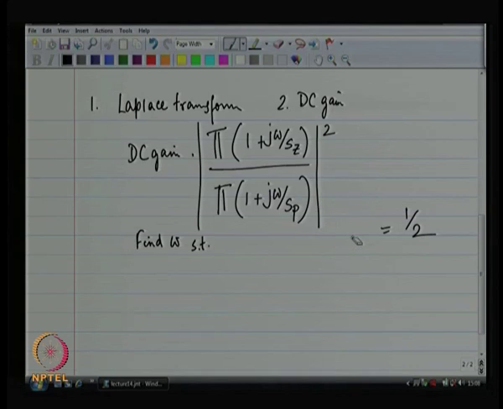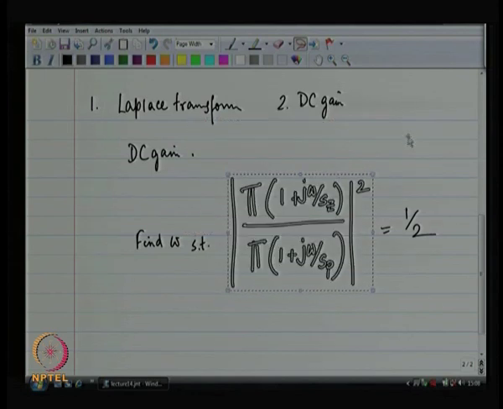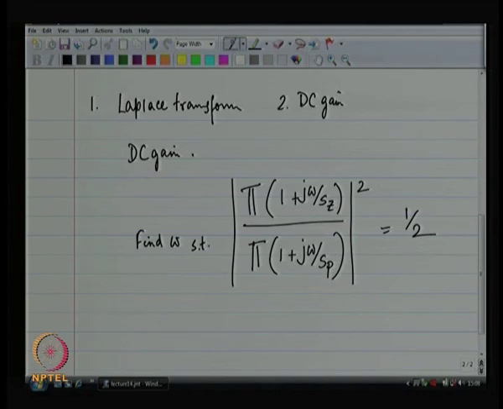You need to find out omega such that this entire quantity is equal to half. It is a very complicated business, and to do this properly you would most probably need a computer. You would have to solve equations with many roots, and you really have to put in a lot of effort.